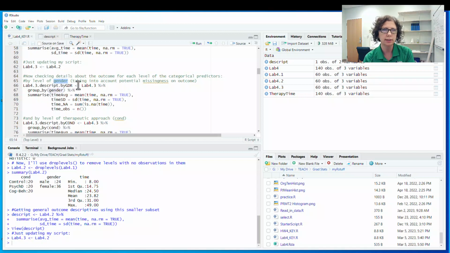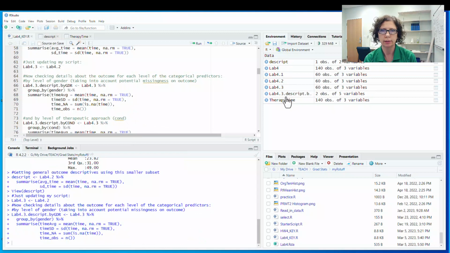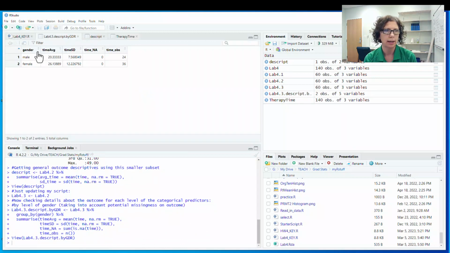We did the same kind of thing in Lab 3. So when I look at that, I have male and female, the average time in therapy, the standard deviation, there's no missing values, and there's 24 observations for the male and 36 observations for female.